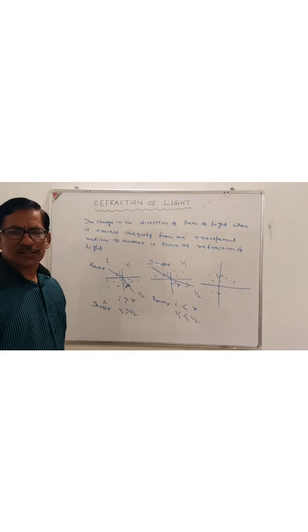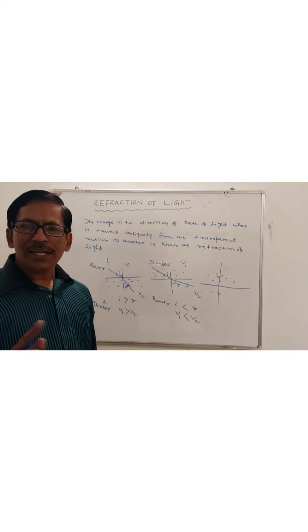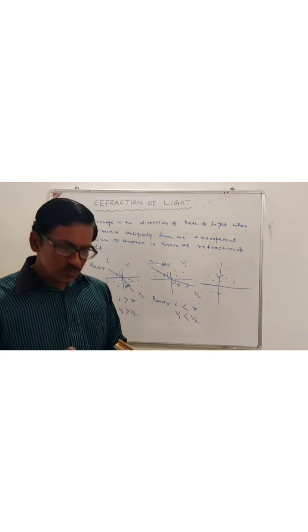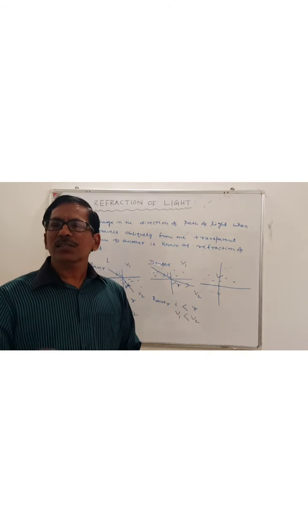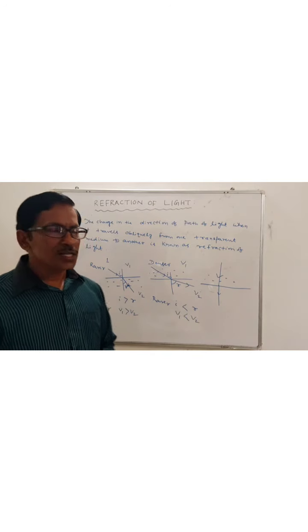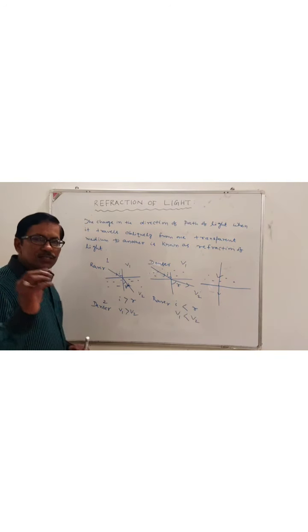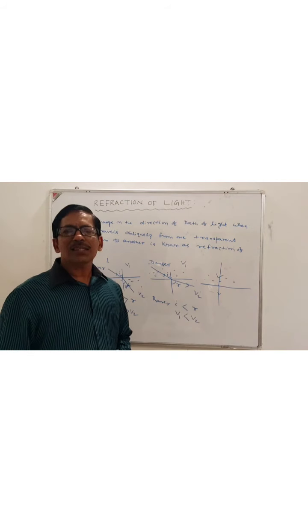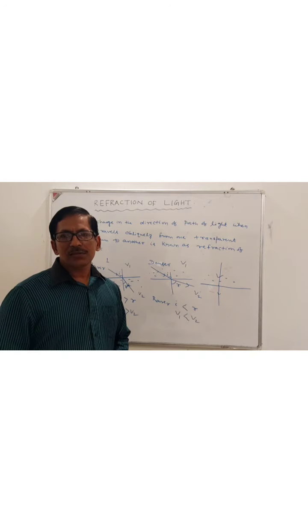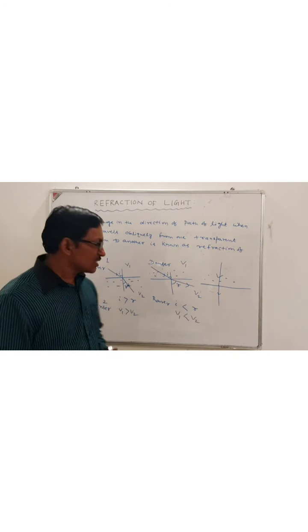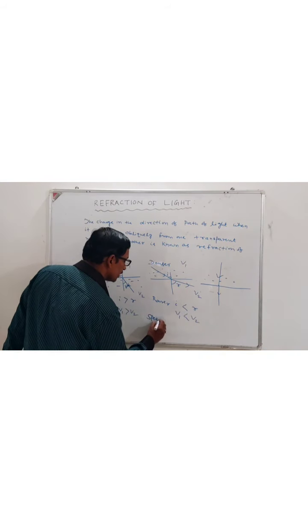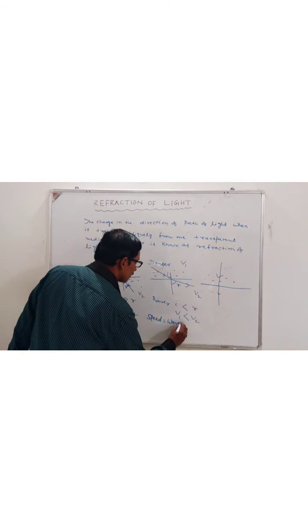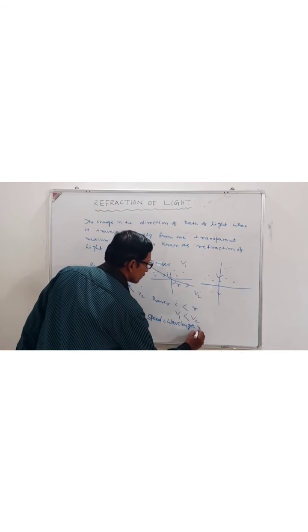One more important point, children, you should remember. When light travels from one medium to another, the speed changes, so the direction changes and the wavelength also changes. Because you know there is a relationship between speed, wavelength and frequency. If you go by wave theory, speed is equal to wavelength into frequency.